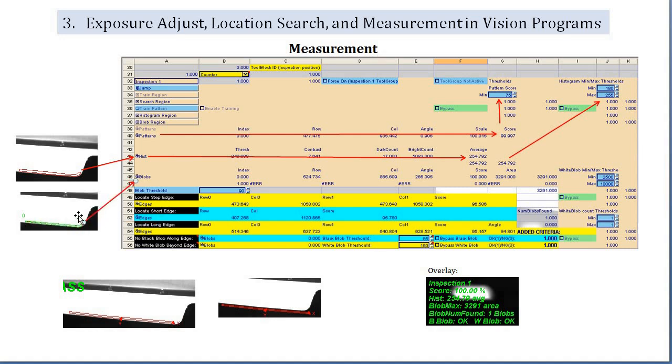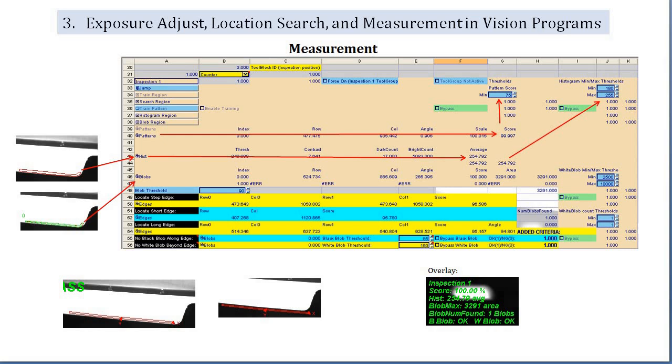Here is the blob region on the part. You can see the boundary is showing in green, and this means it found the blob. This is the blob tool to detect a white blob. Since the part surface is white, it should find a white blob with sufficient area.